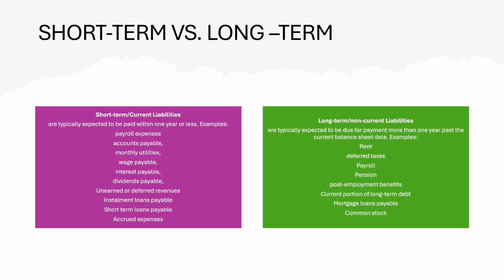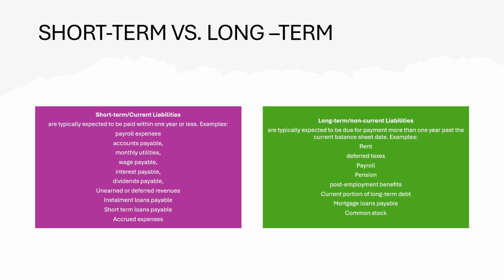To look closer at the two types of liabilities, short-term or current liabilities are typically expected to be paid within 1 year or less. Examples are payroll expenses, accounts payable, monthly utilities, wages payable, interest payable, dividends payable, unearned or deferred revenue, installment loans payable, and so on.